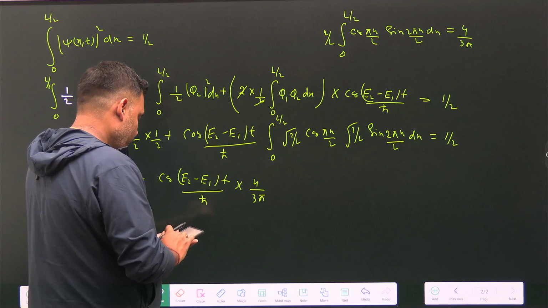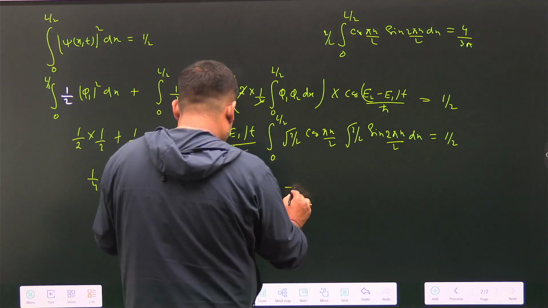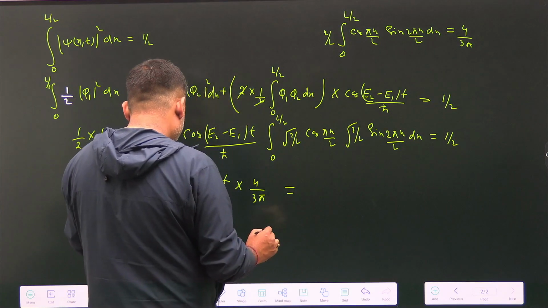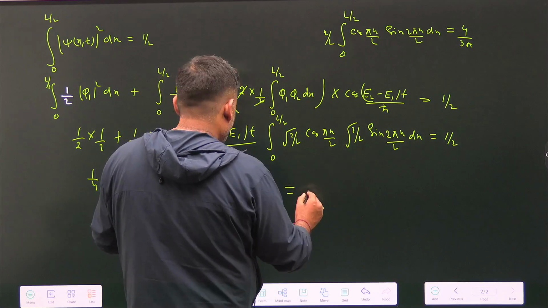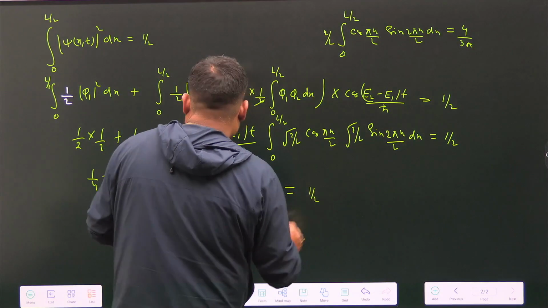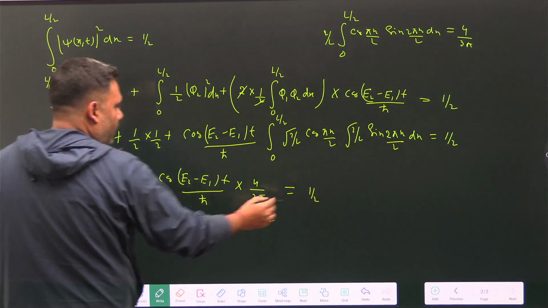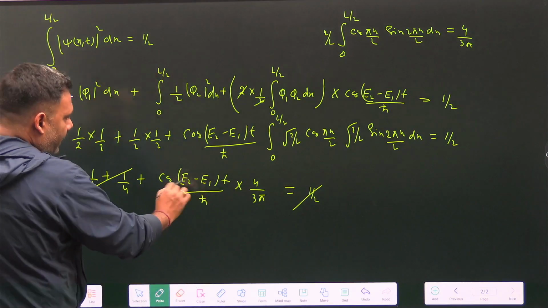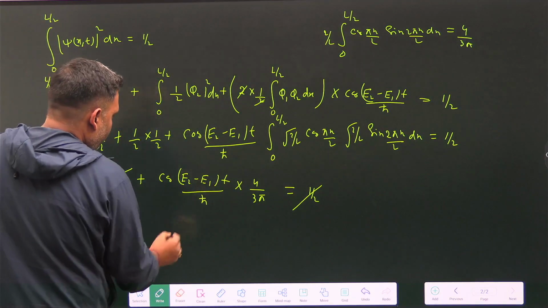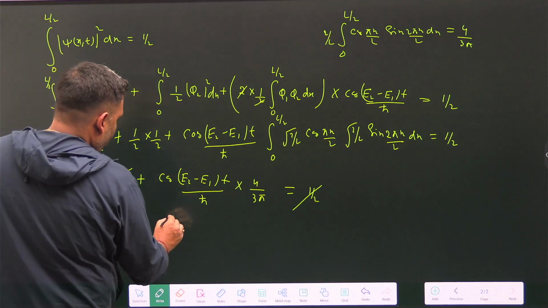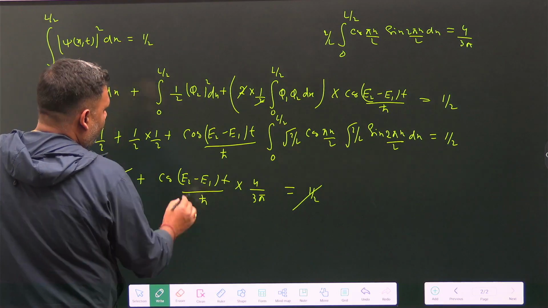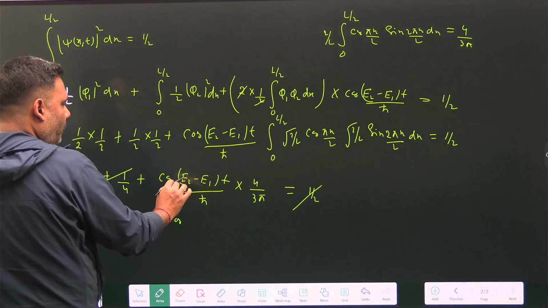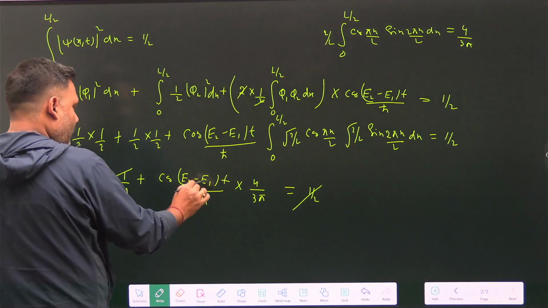And this value is equal to basically half. So what will happen? This number and this number are cancelled out, and E2 minus E1 is equal to 4 pi square h cut square upon 2 m L square minus pi square h cut square upon 2 m L square.